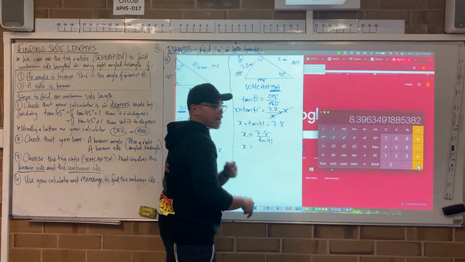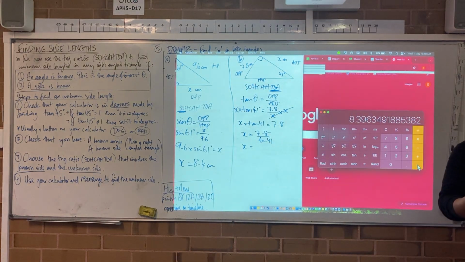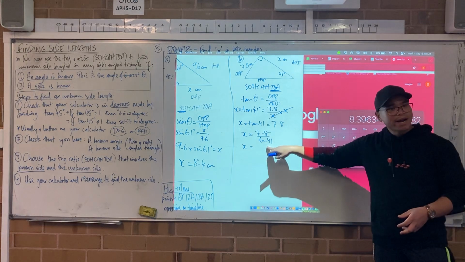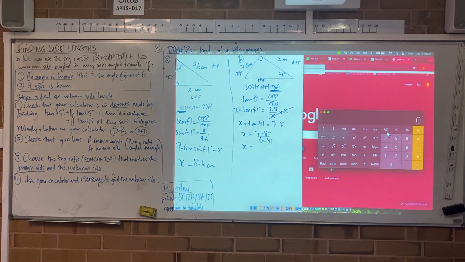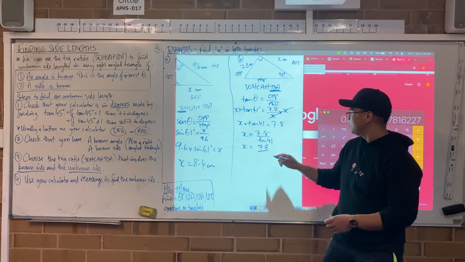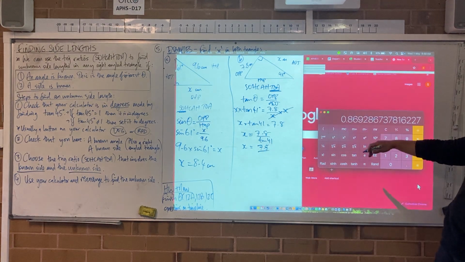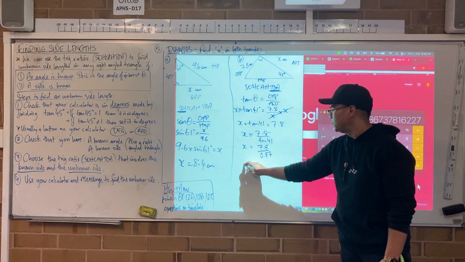Now, if you're using the Apple calculator, because it can't handle brackets and everything, I need to work that out first and then do the division after. So I'll show you what I would do in the Apple calculator. I'll go 41 tan. It's like 0.869. I'll just round to 2 decimal points, 0.87.